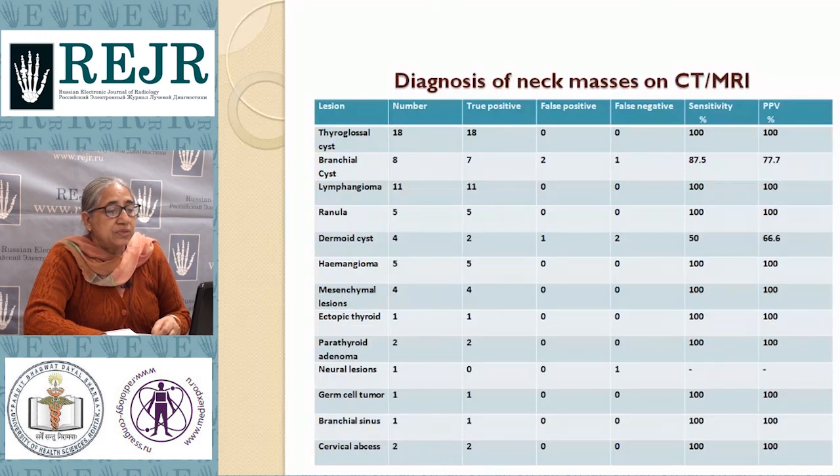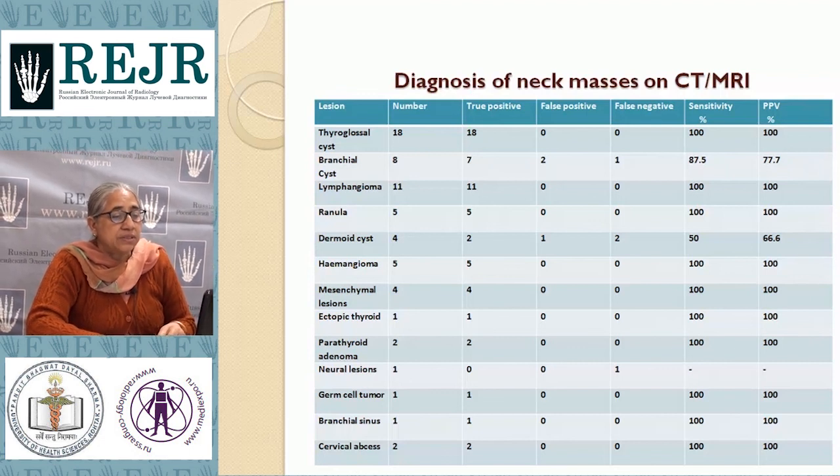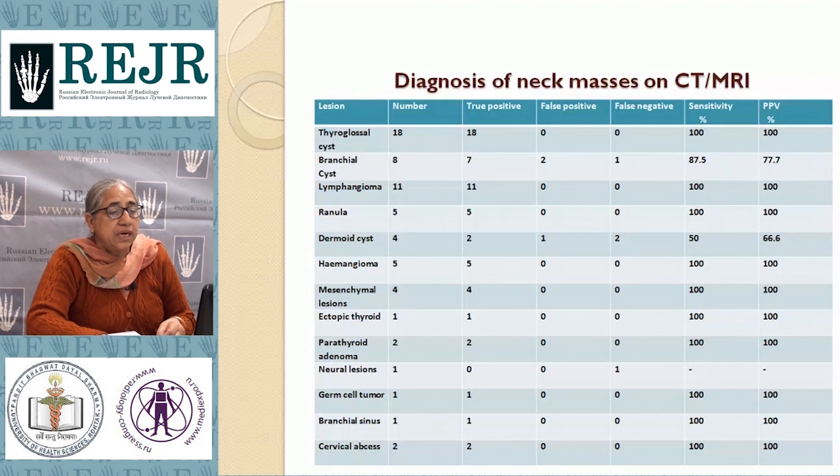If we see the diagnosis of neck masses on CT, the thyroglossal cyst, lymphangioma, ranula, hemangioma, mesenchymal lesions, ectopic thyroid, parathyroid adenoma, germ cell tumors, branchial sinus and cervical abscess all had sensitivity and positive predictive value of 100%, while branchial cyst had a sensitivity of 87.5% and positive predictive value of 77.7%.